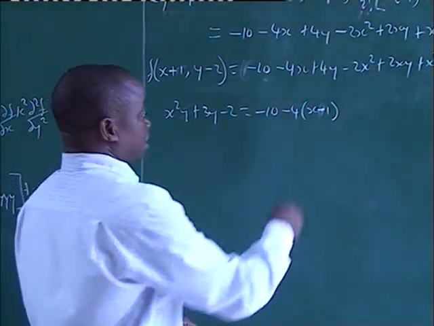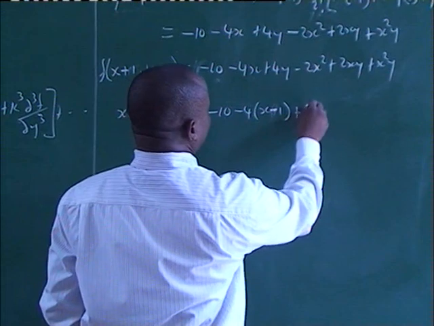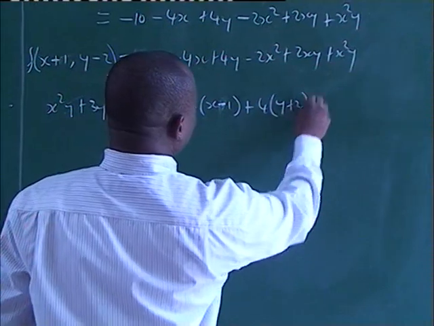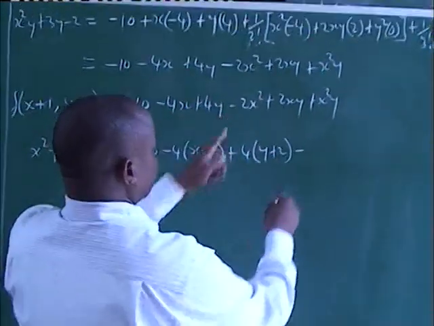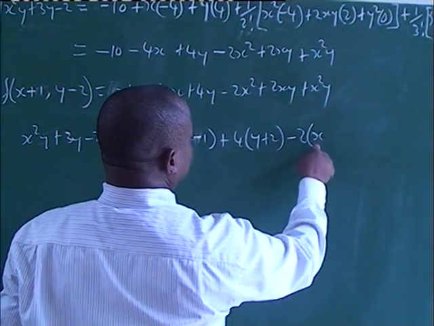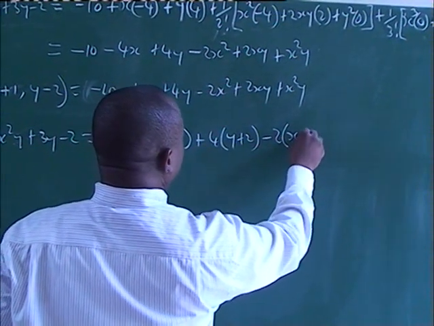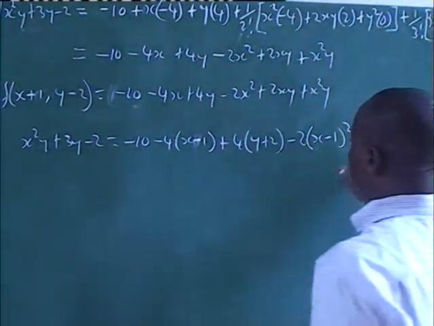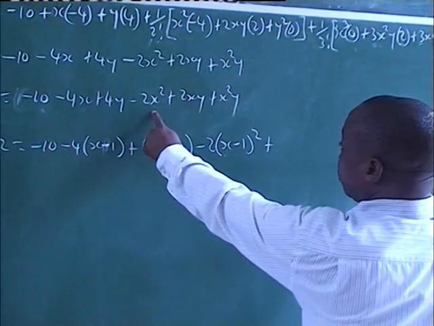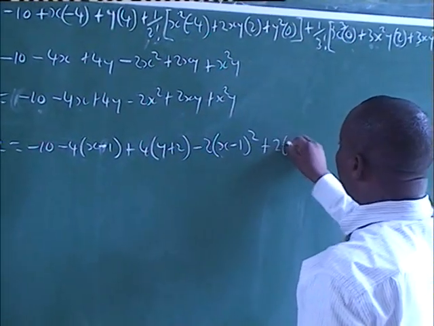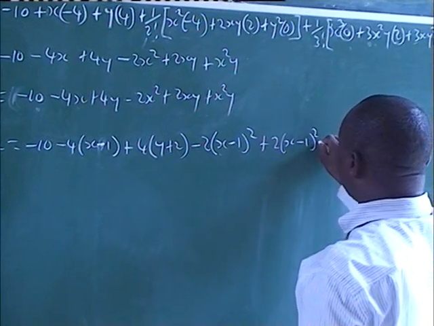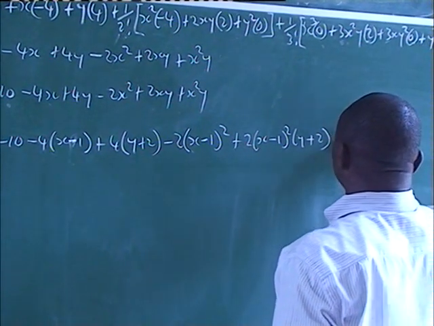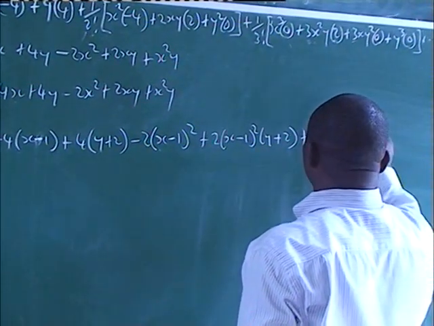X minus 1, and then for here we have plus 4 y plus 2, minus 2 x minus 1 squared plus, this is where we are expanding, so we have 2x minus 1 squared y plus 2 plus x minus 1 squared, then y plus 2.